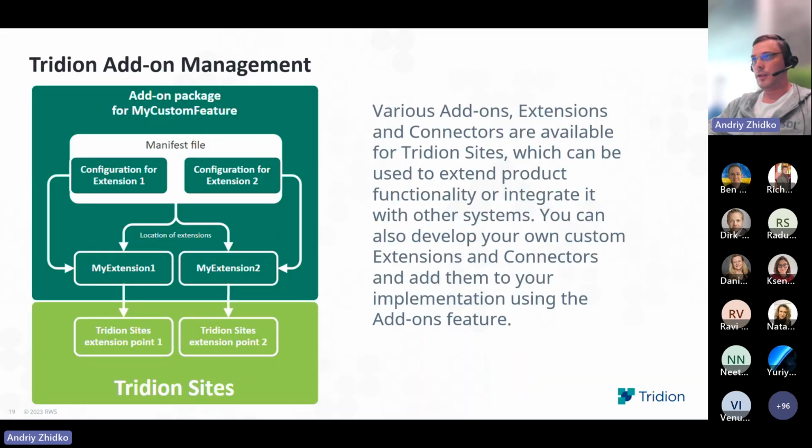A bit of context about the area I am going to talk about. The Tridion add-on service is our default extensibility mechanism for the Tridion Sites product. We have various extensions and connectors available for the product, and you can also develop your own.